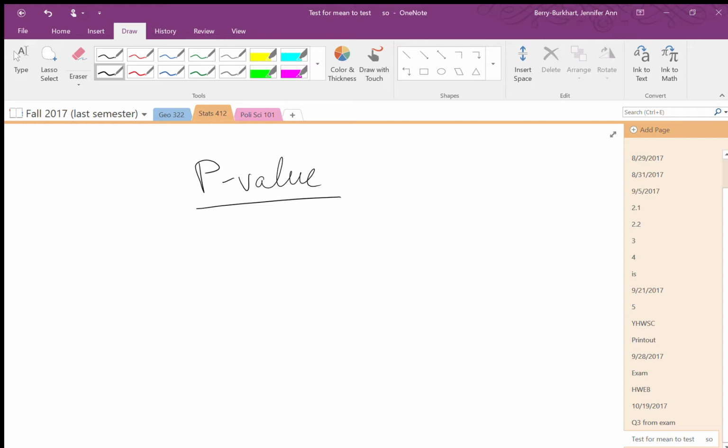And the thing I do is I say, okay, what's the probability that t is greater than x bar minus mu naught over s over the square root of n? Okay. So back in this example that I had with cats, say we're doing this test again. Say we're doing the plus one, all right?